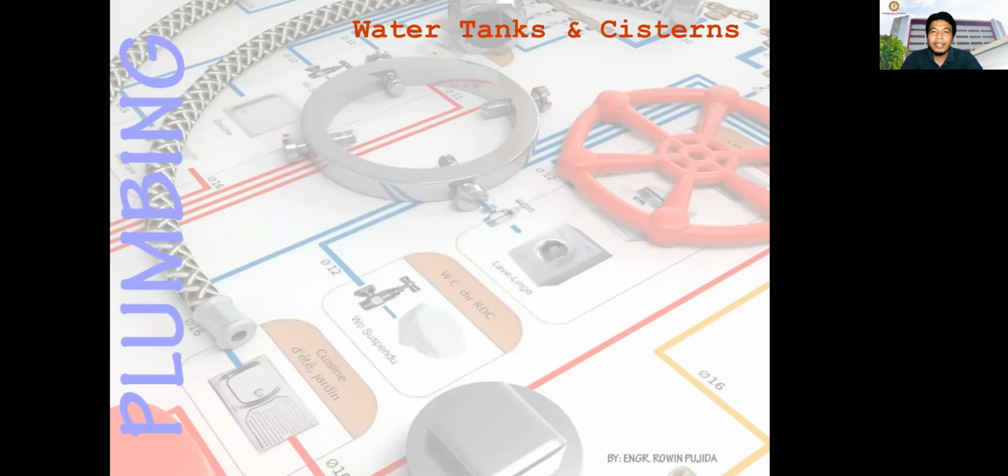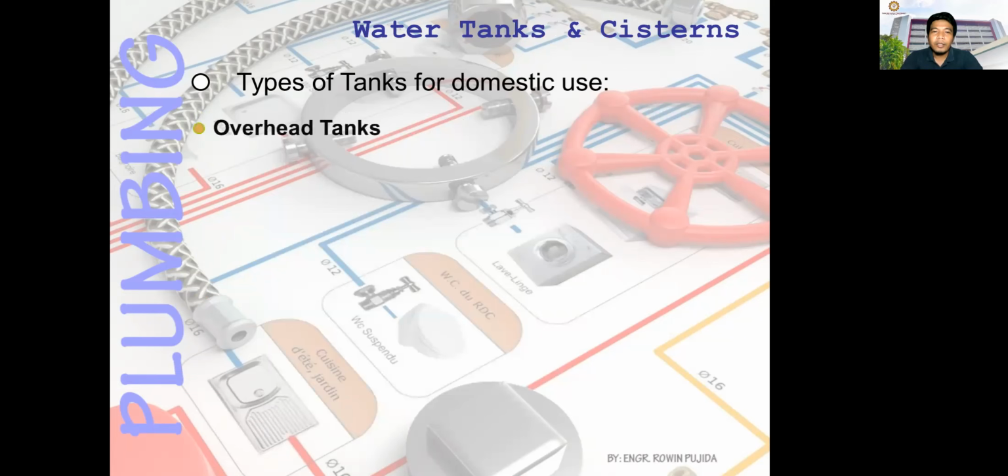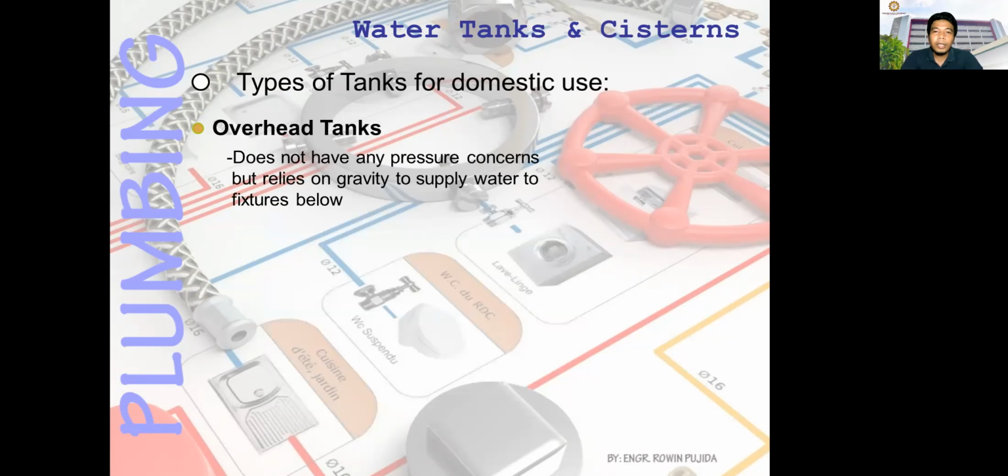Next, we have water tanks and cistern tanks. For the types of tanks for domestic use, you have the overhead tank. That is the tank in your roof or another structure above your roof. It does not have any pressure concern, but relies on gravity to supply water to fixtures below.